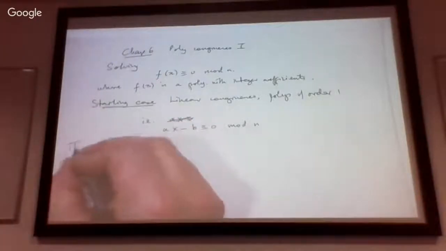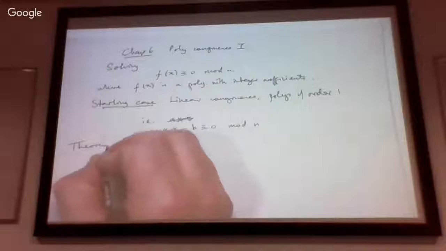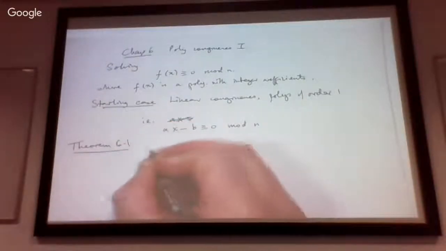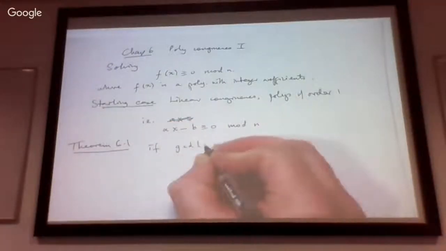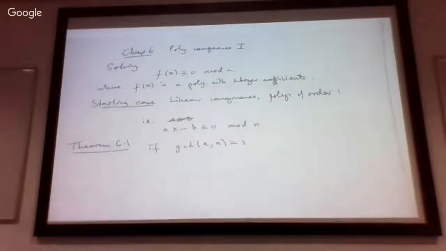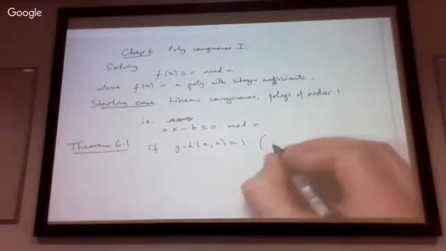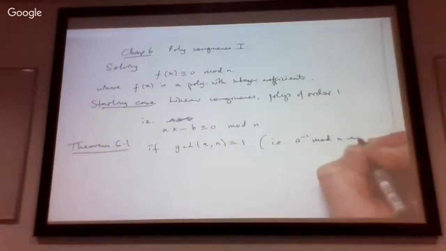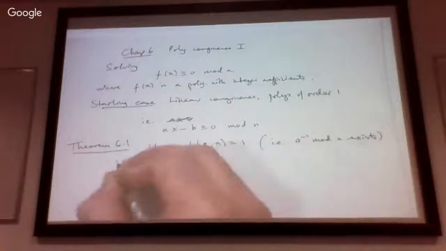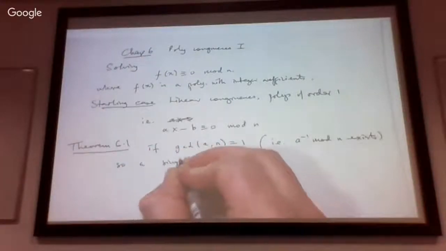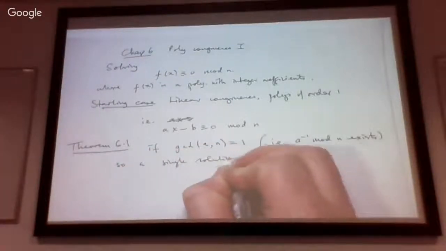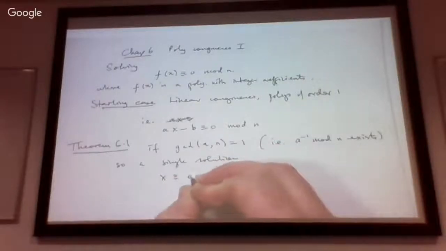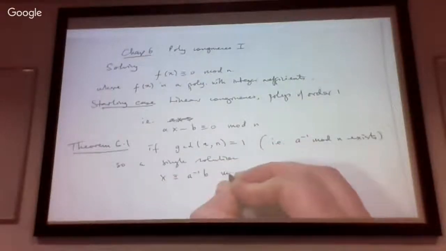So quickly going through, just reminding ourselves of the results we proved yesterday. Theorem 6.1: if the GCD of a and n is 1, if a and n are coprime, it's the nicest situation. It means there's a single unique solution, i.e. a inverse modulo n exists. So a single unique solution, which is x congruent to a inverse b modulo n.